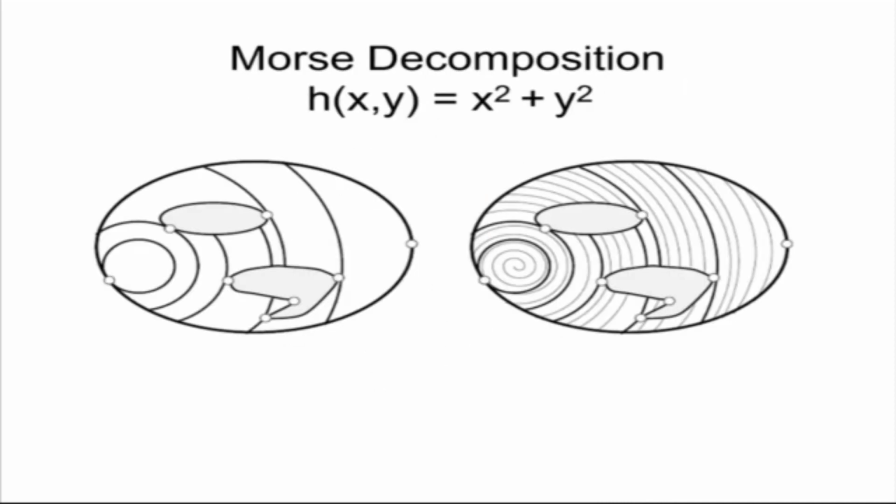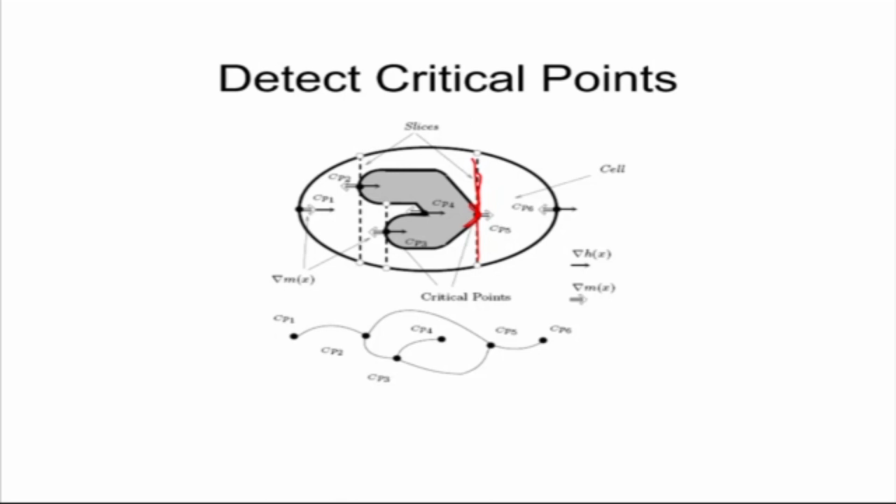Now, Morse decomposition in the previous case was being done by using a straight line. So what is the difference between what we had just done in the cell decomposition here and the Morse way of doing things?